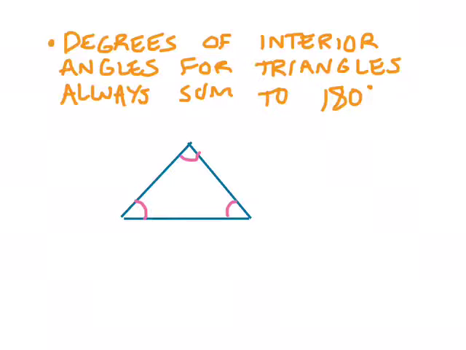And this can be really helpful if I know two of the angle measurements and not another. Let's say the bottom two are 50 and 45. Well, I know at this point I have a sum of 95 degrees. And since I know that the sum of the angles for my triangle has to add up to 180, I know that the missing angle is going to have to be 85 degrees.